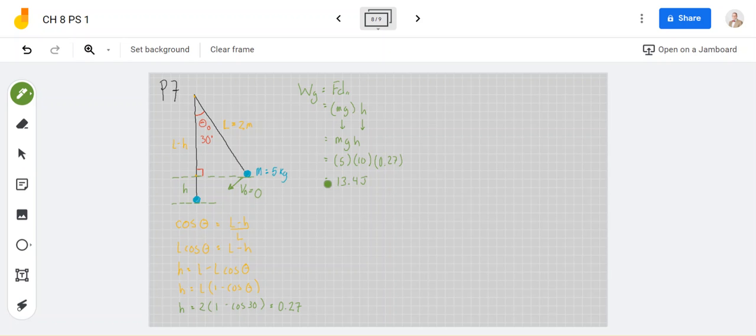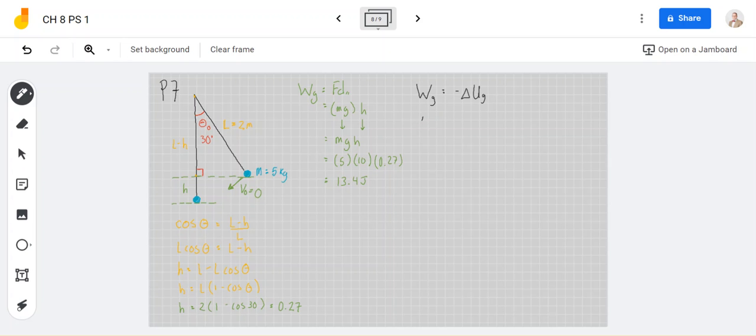Part B says, what is the change in gravitational potential energy? Well, this is one of our concepts that we kind of need to pay attention to, but it's not super obvious, is that the work done by the gravitational force or gravitational field is equal to the opposite of the energy stored. Now, you could write it the other way.